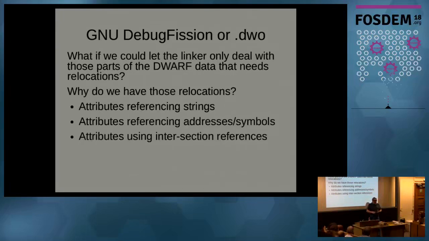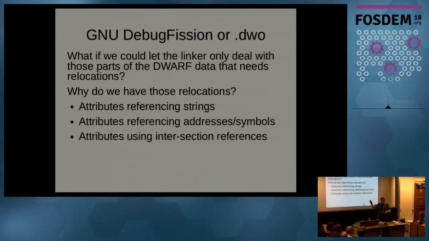So what do we really need relocations for? Strings. It's really nice if the tools know how to merge strings, because a lot of the DWARF data is strings, and you really want those to be merged.